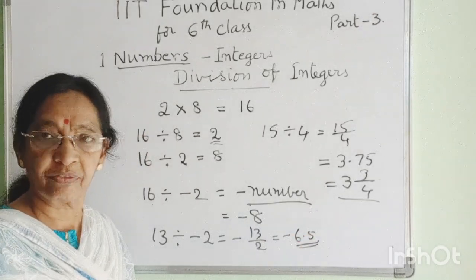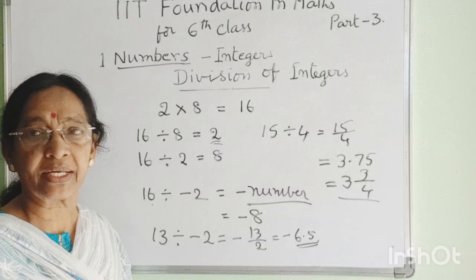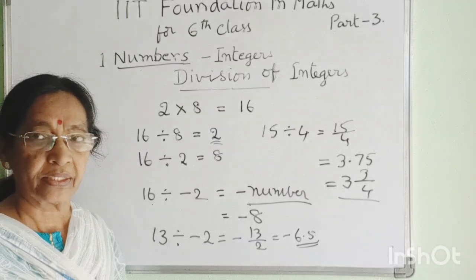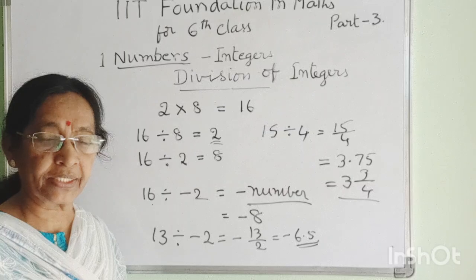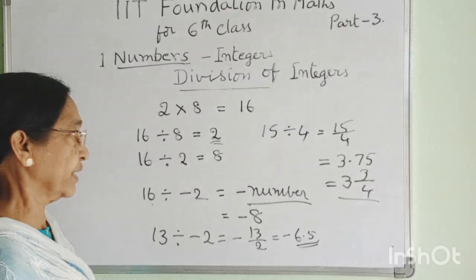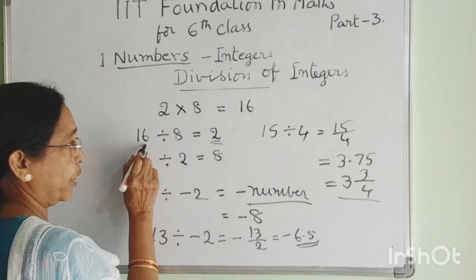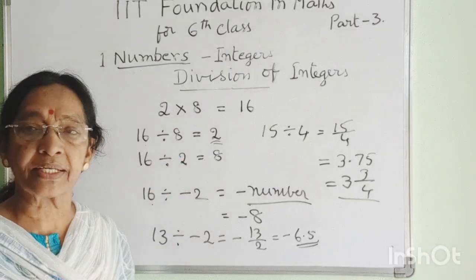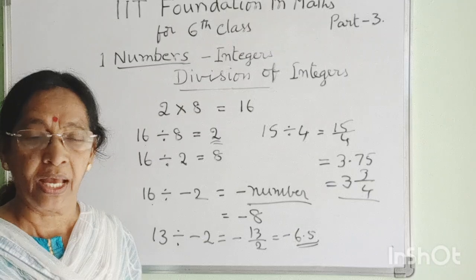So when one integer is divided by another integer, the resultant may not always be an integer. Sometimes it may be an integer and sometimes it may not. When a positive integer is divided by a positive integer, the resultant is a positive number.